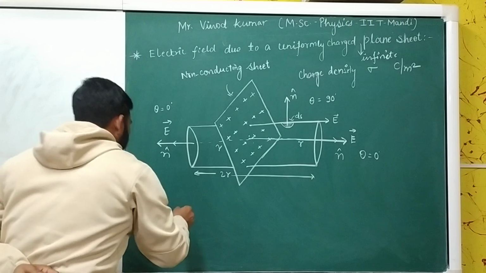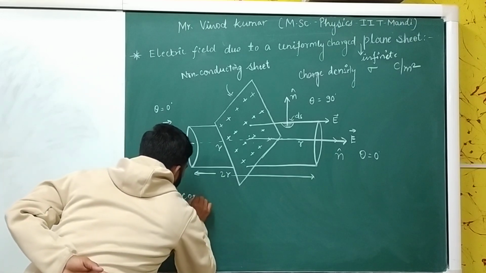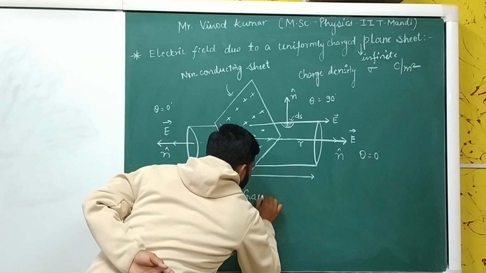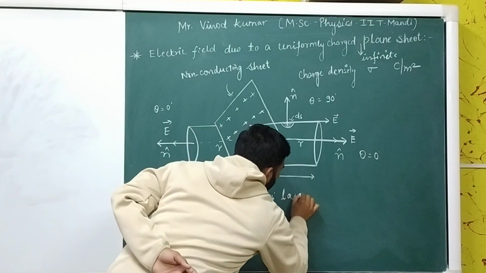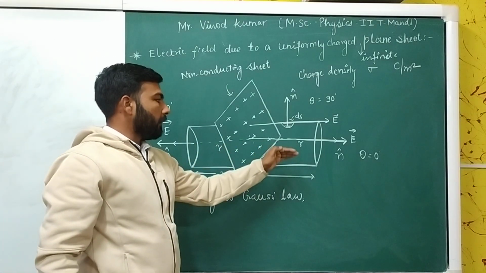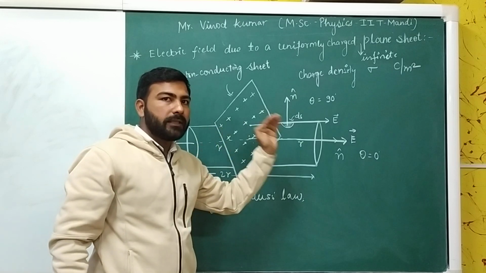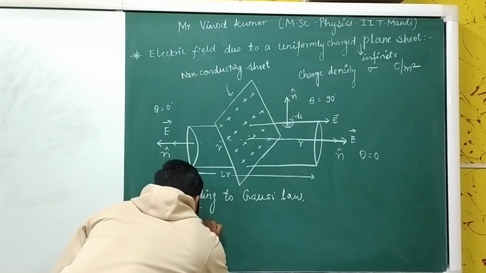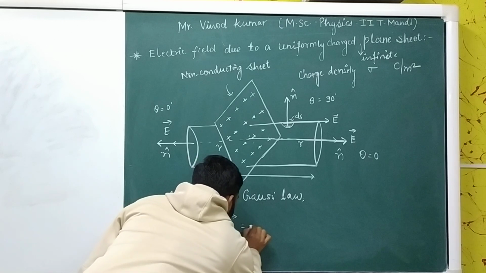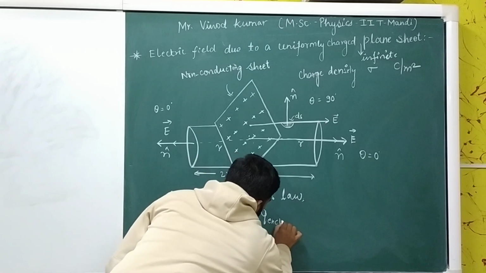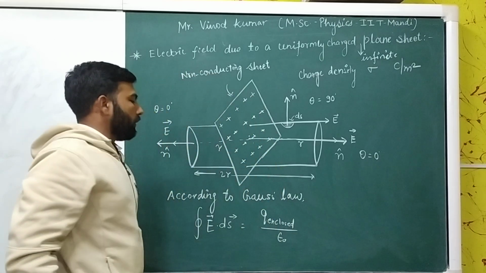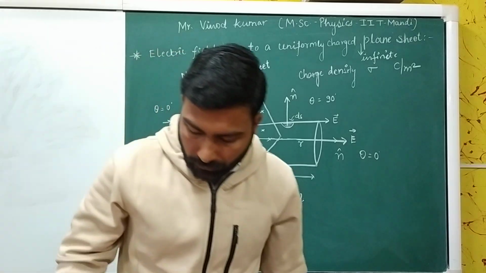So according to Gauss law, the flux enclosed due to this closed Gaussian surface will be the closed integration over E vector dot ds vector equals Q enclosed divided by epsilon naught.